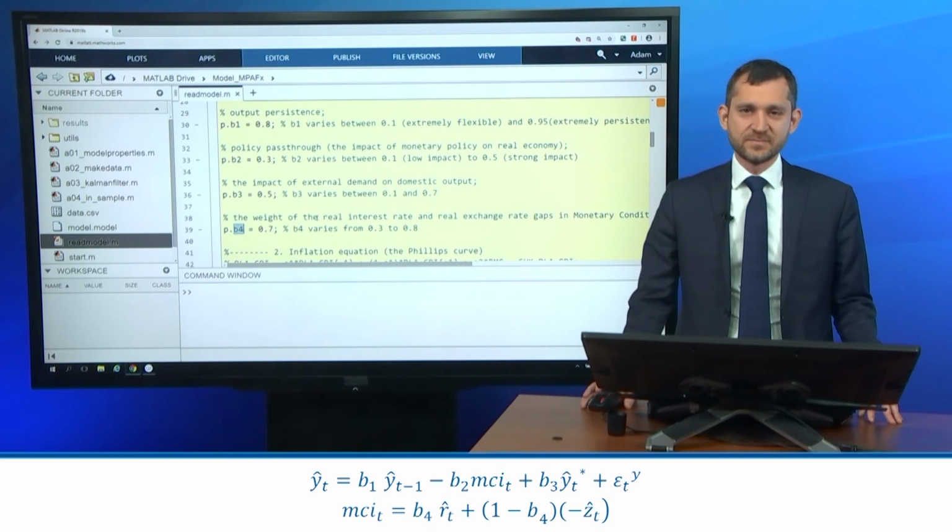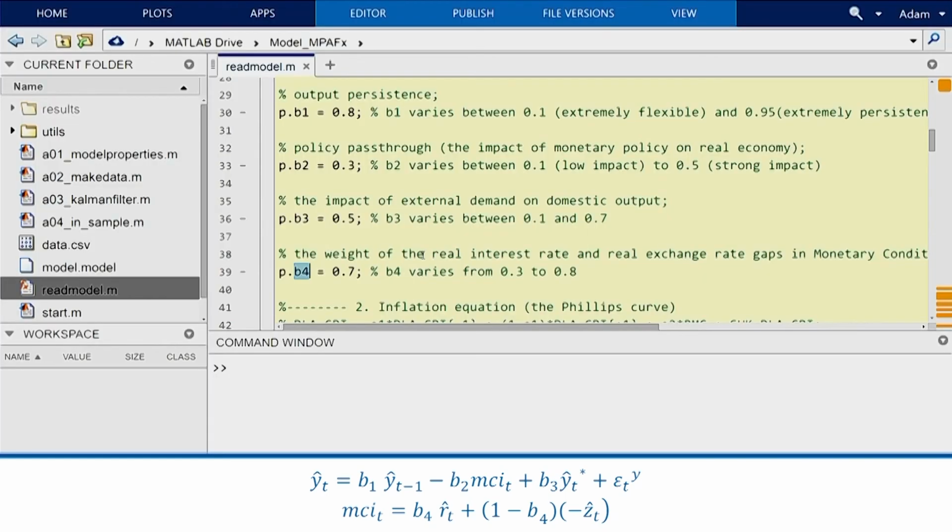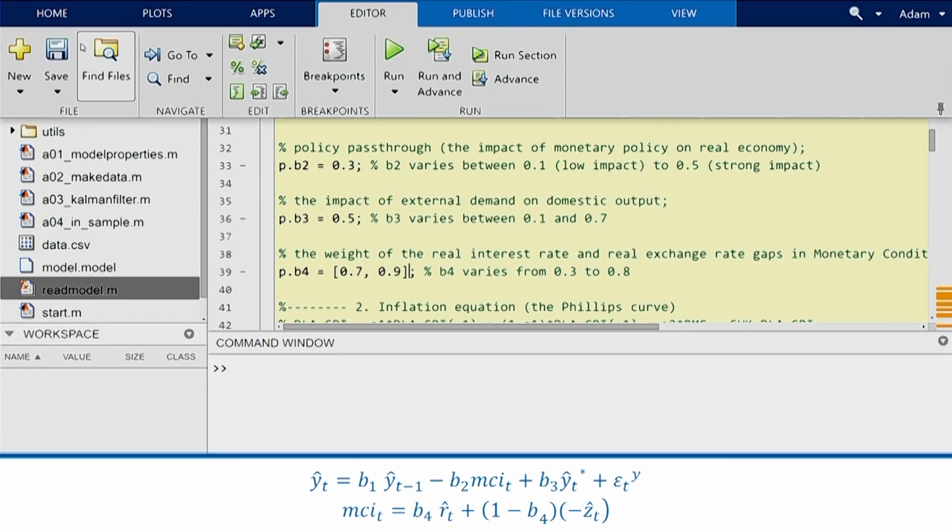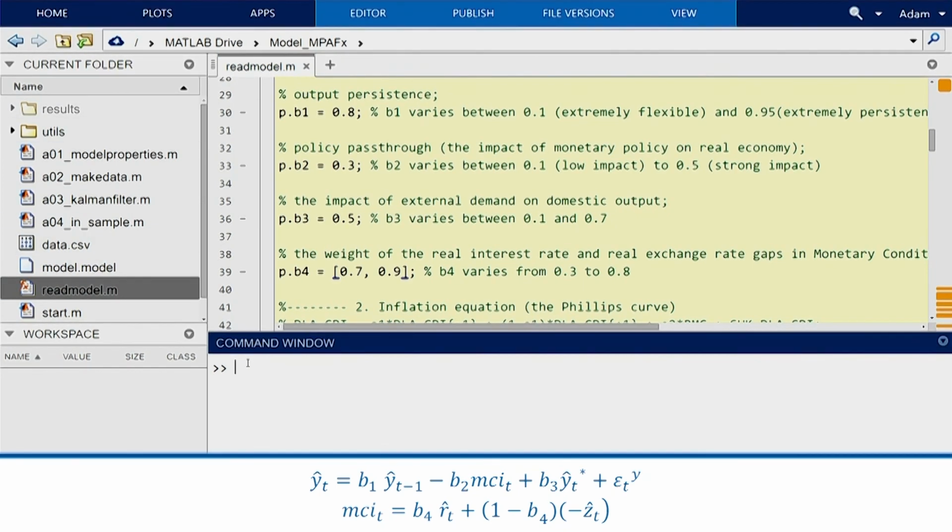In other words, we will increase the effect of the real interest rate gap on aggregate demand and weaken the effect of the real exchange rate gap. Let's set the alternative value to 0.9 instead of 0.7. We can now save the read model file and run again A01 model properties.